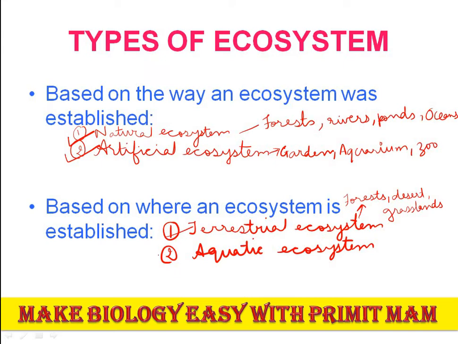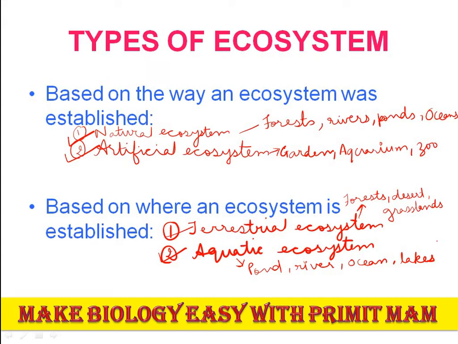The other type of ecosystem is aquatic ecosystem. Ecosystems which are found in water are called aquatic ecosystems. The word aquatic is associated with aqua. Aqua means water. Examples of aquatic ecosystems are pond, river, ocean, lakes, etc. I hope this much is clear to everyone.